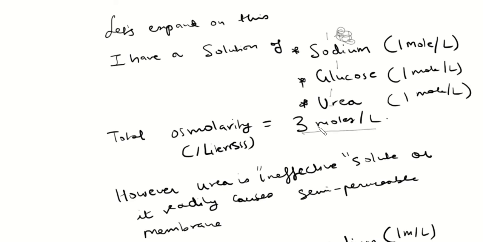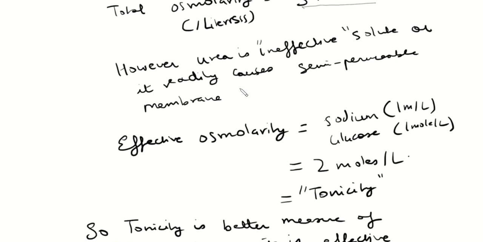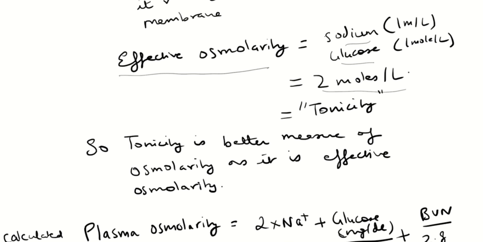So in other words, here, even though the total osmolarity of the solution is 3, you cannot add urea to the mix, because when it goes inside the body, the particles will not make any difference. The particles that will make a difference are sodium and glucose, which would amount to 2 moles. So the effective osmolarity is going to just be sodium and glucose, which is 2 moles per liter.